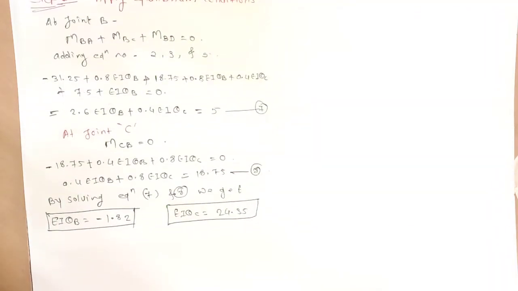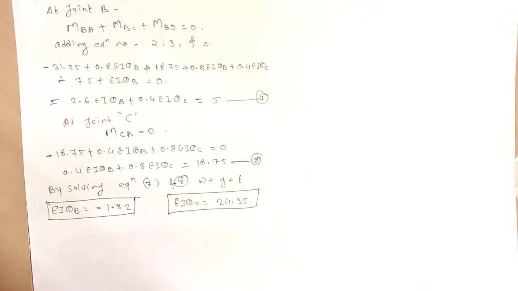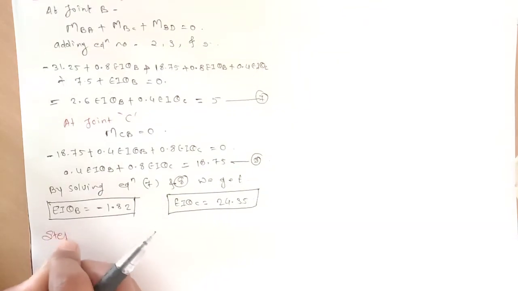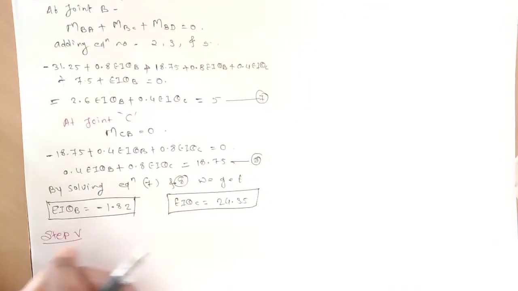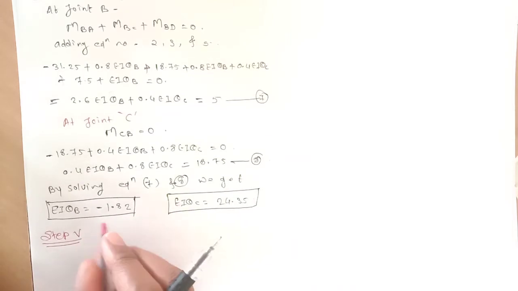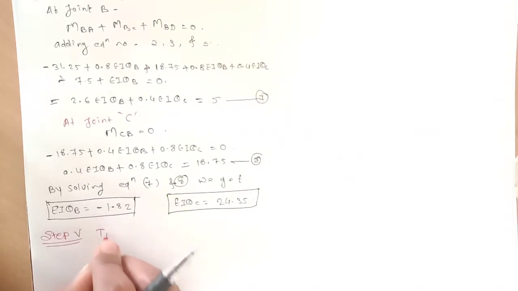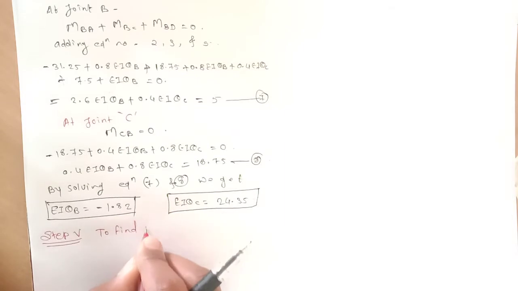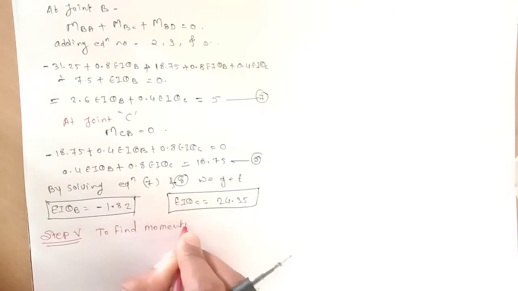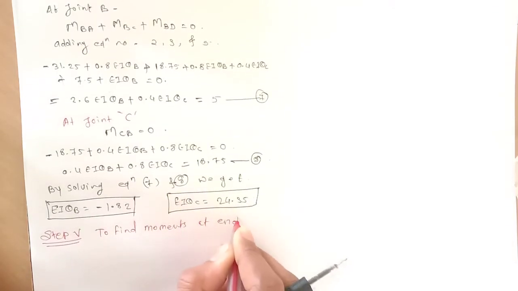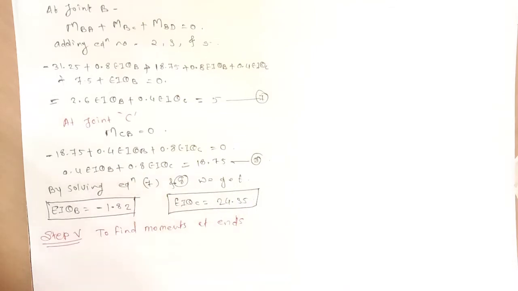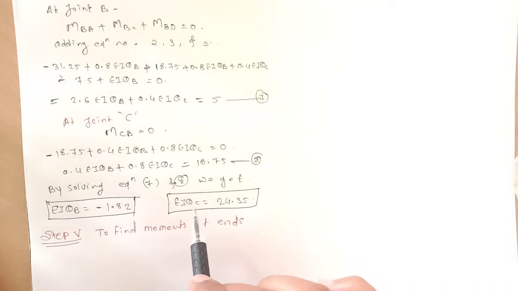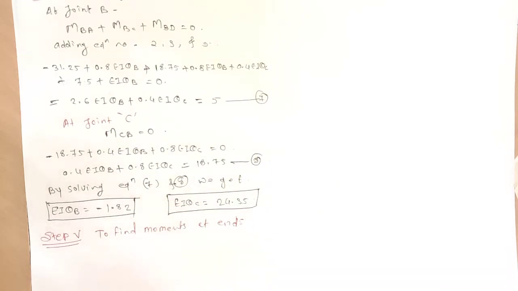The next step is step number 5, to find moments at the ends. So adding these theta B and theta C values in equations number 1 to 6, we get the end moments.